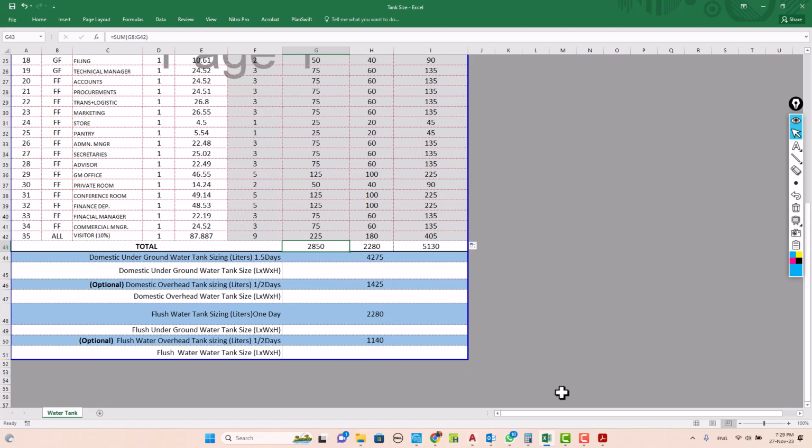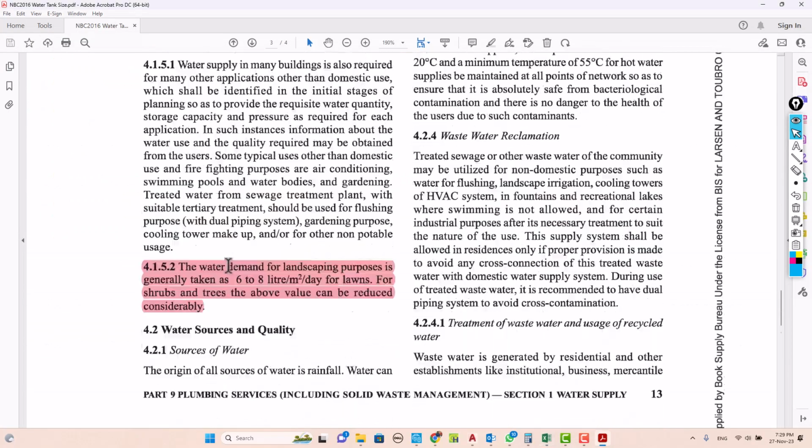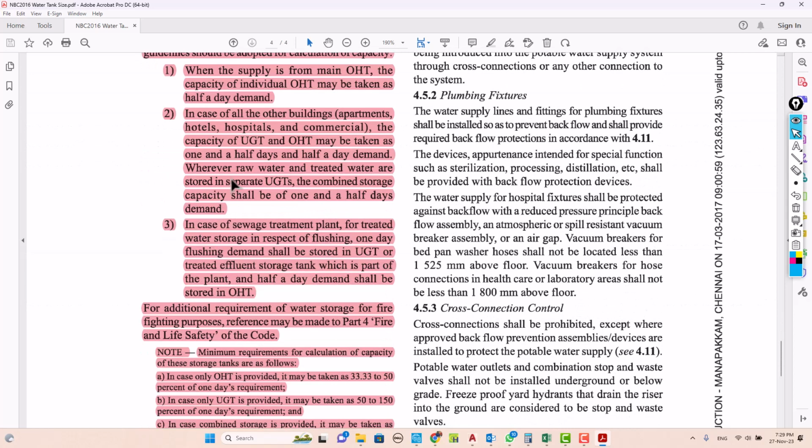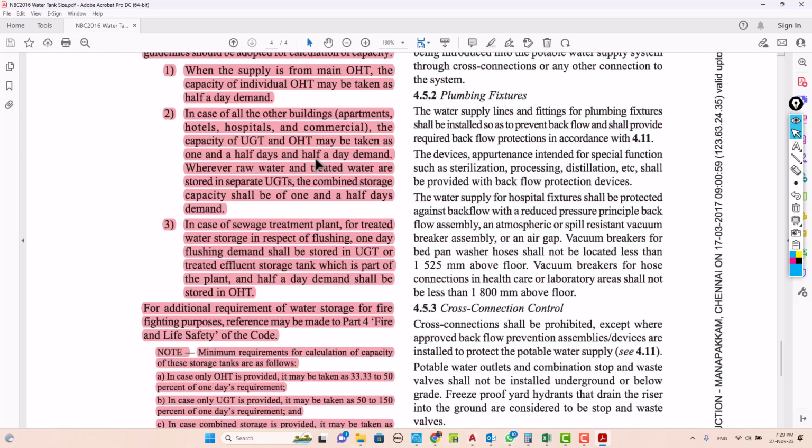Okay, why? Because here, see, the code says here, underground tank, 1.5 days here. Okay, one and a half.